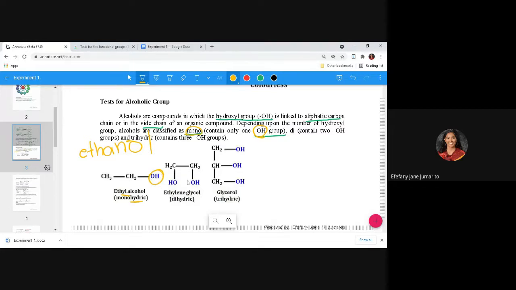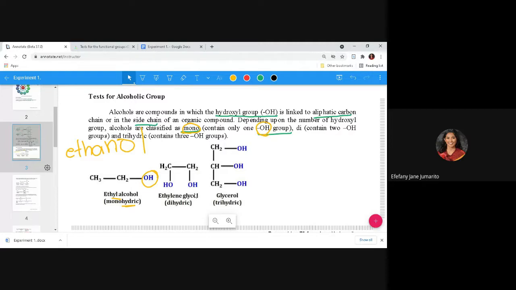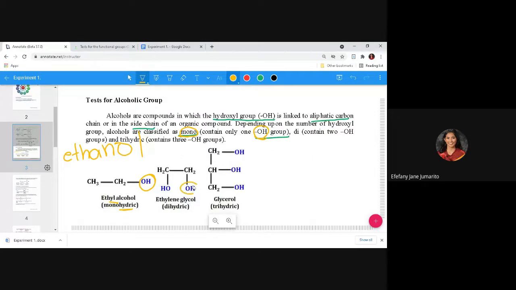Or ethyl alcohol. Now, it says that depending upon the number of hydroxyl groups, alcohols are classified as mono if we have only one hydroxyl group, OH group. So your ethanol is monohydric because it has only one OH. What about your ethylene glycol? Ethylene glycol forms from an alkene, ethene, during a reaction. Is it monohydric? Dihydric, because we have two OH groups, one, two.